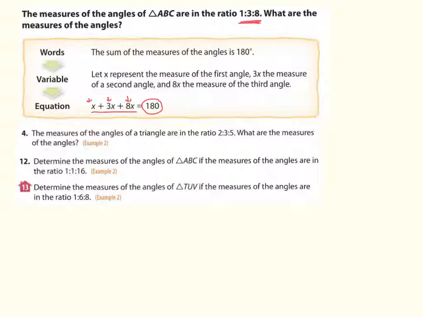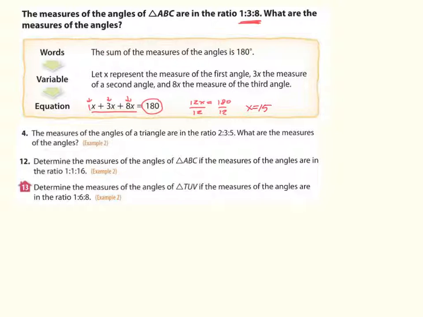So basically what they did is they added 1x plus 3x plus 8x. So that's 12x. And then all you have to do now is divide by 12. And you end up finding that x is a value of 15.